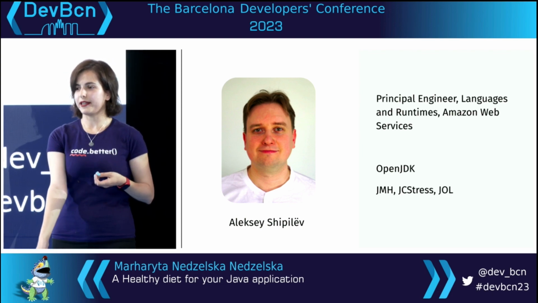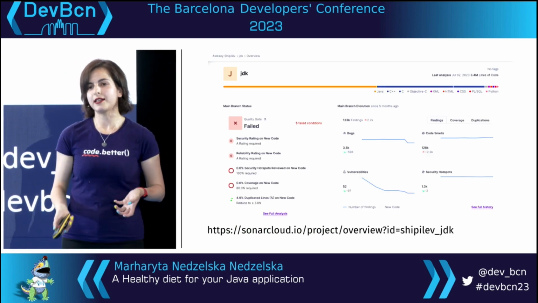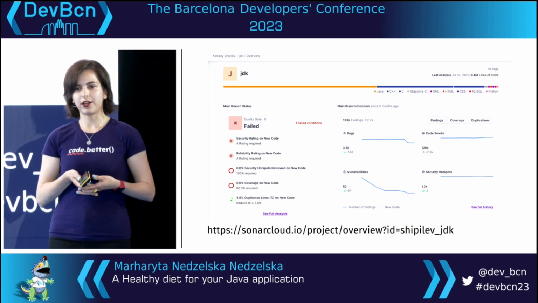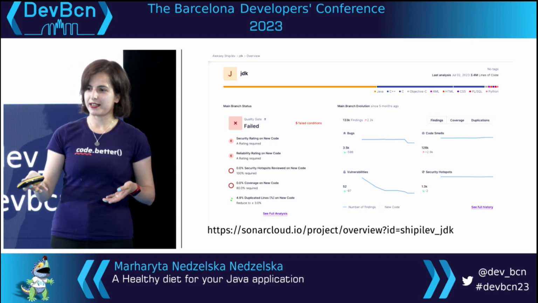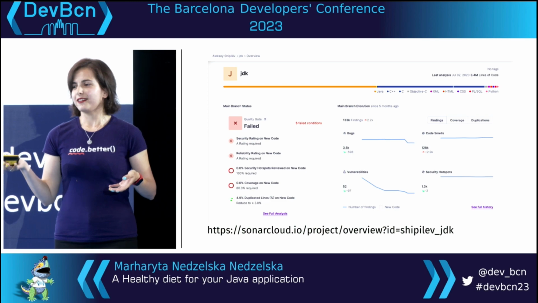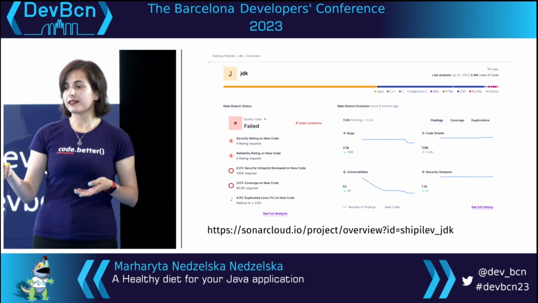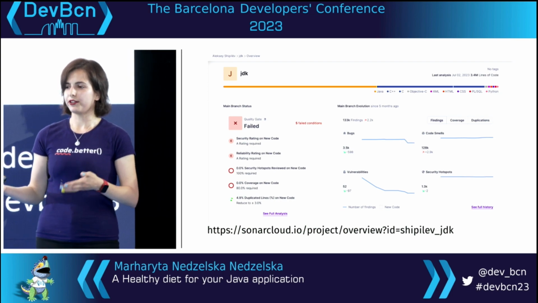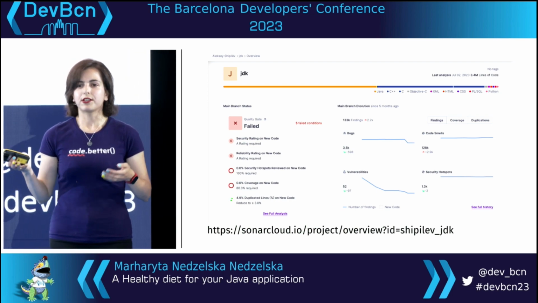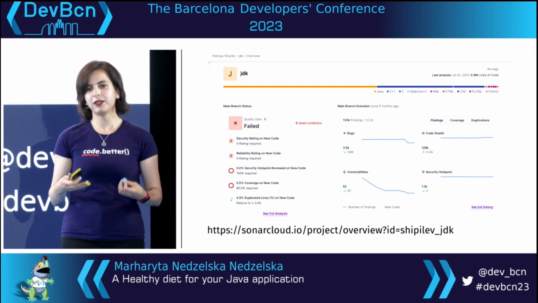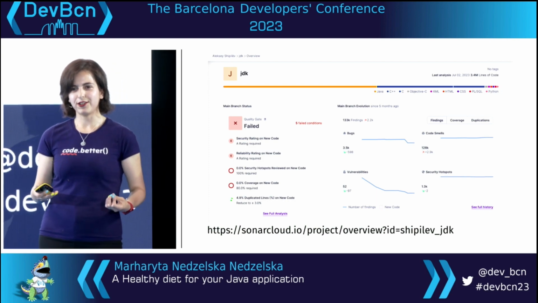And in our company, he is famous for analyzing OpenJDK in SonarCloud. You can see the quality gate is a little bit failed, but they're fixing some bugs, vulnerabilities, code smells. So technically, Sonar is helping to make the JDK better.